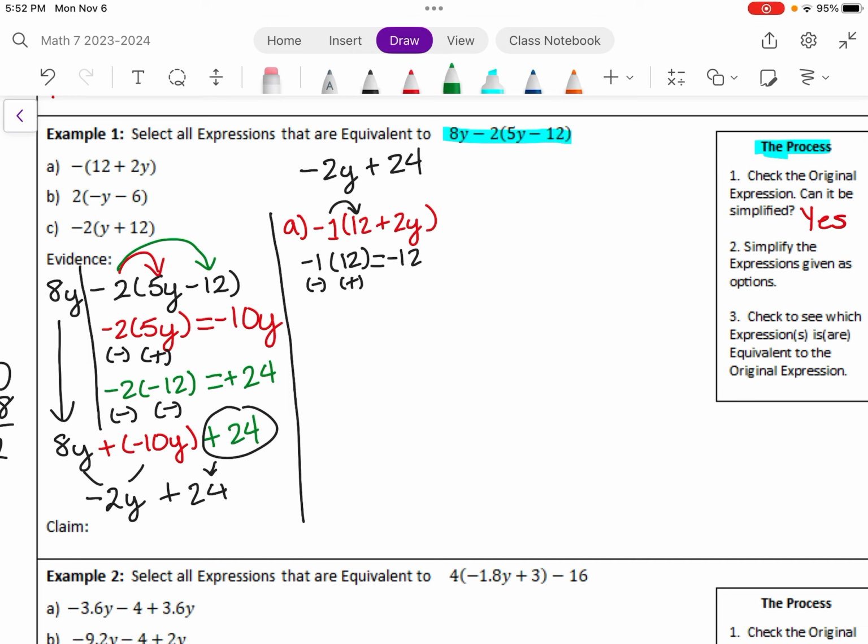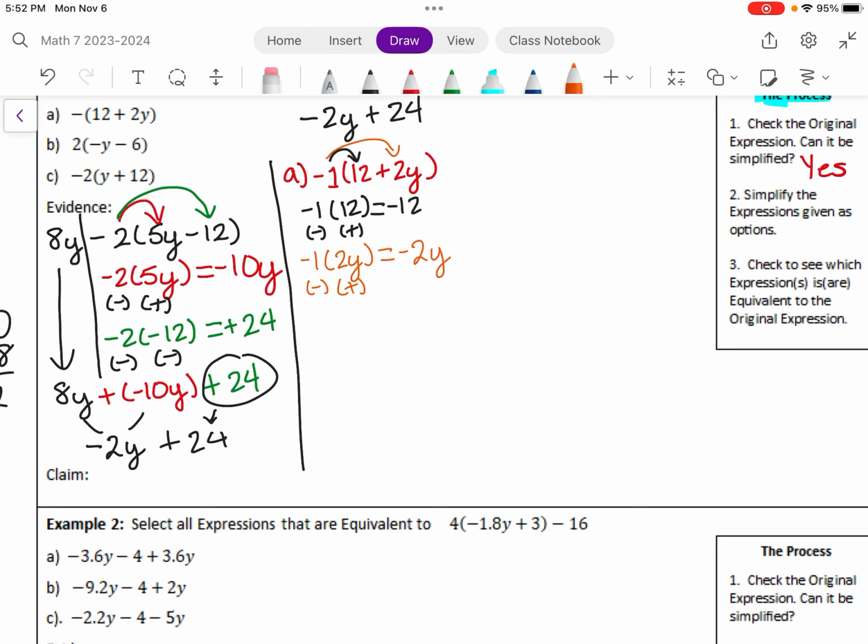And then I'm going to distribute my negative 1 to my 2y. So negative 1 times 2y. 1 times 2 is 2. Can't forget my y. A negative times a positive makes it a negative.